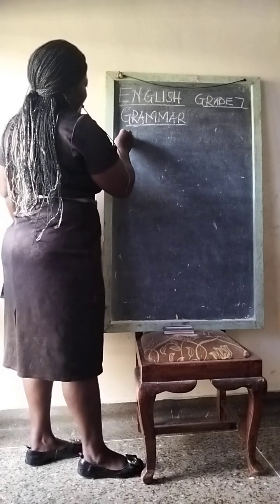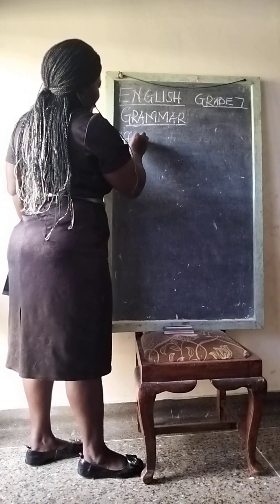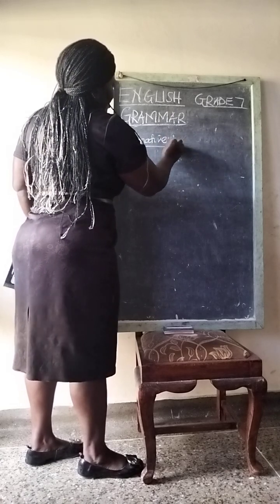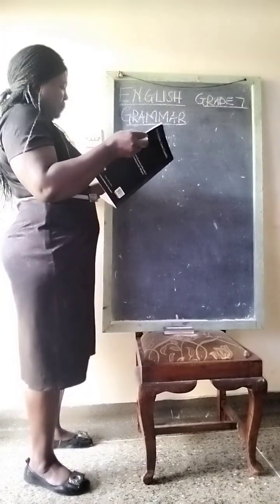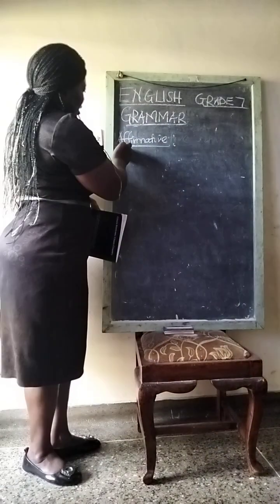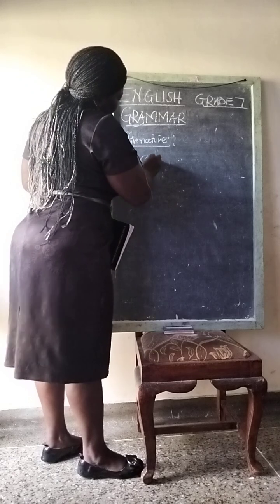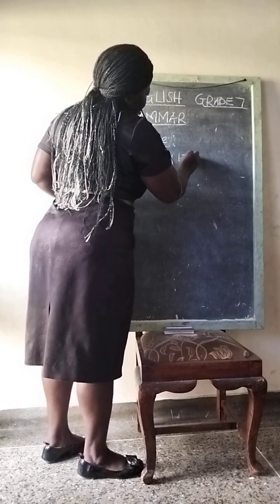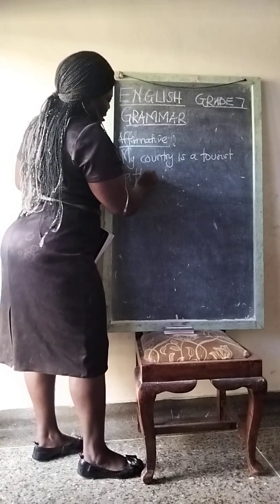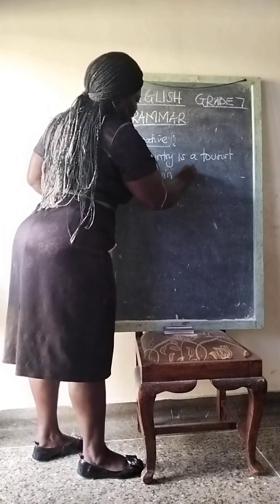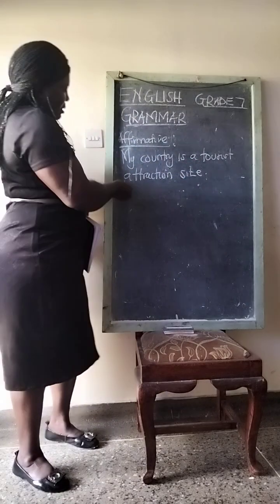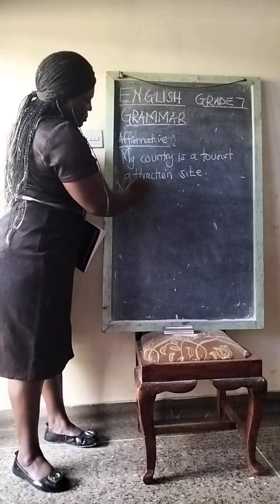We have this sentence: my country is a tourist attraction site. This sentence is affirmative.